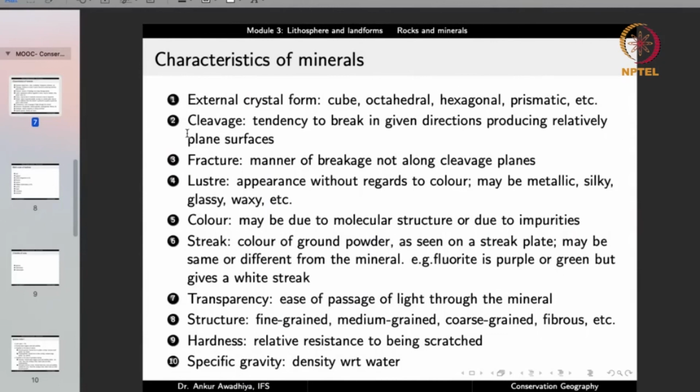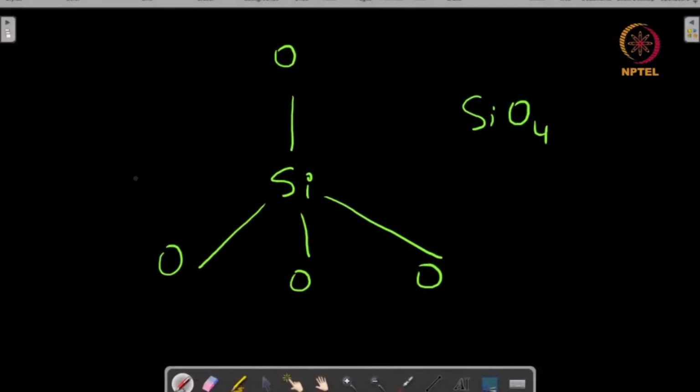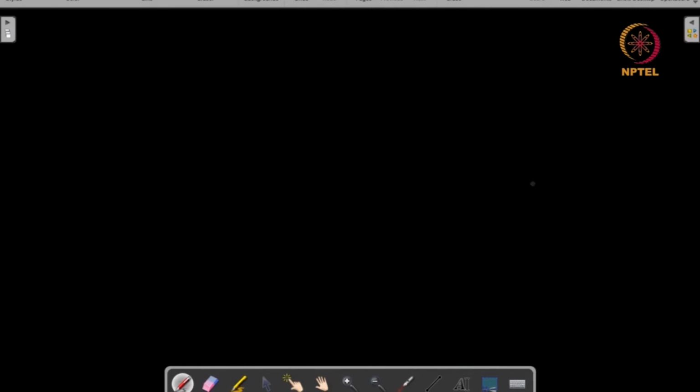Second is cleavage. Cleavage is the tendency to break in given directions, producing relatively plane surfaces. Now what happens is, when we talk about crystals, they have a fixed arrangement of atoms inside. So if we draw one such arrangement like this, here we are marking out where the atoms lie in this particular crystal.